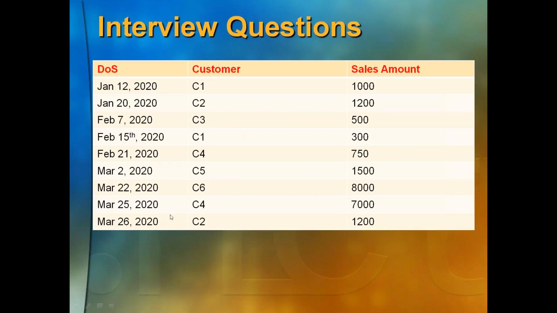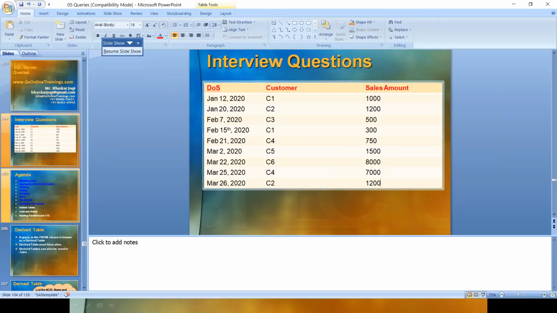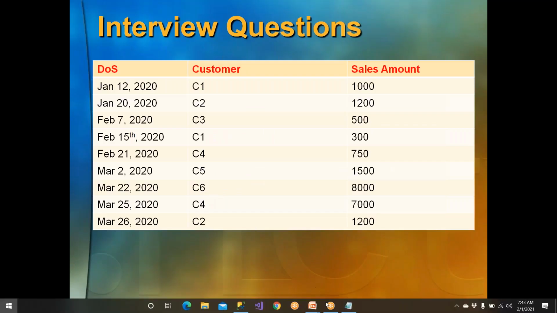Who are the new customers in March? C5 and C6 are new, but C4 and C2 are existing customers. So again, you need to bring two.